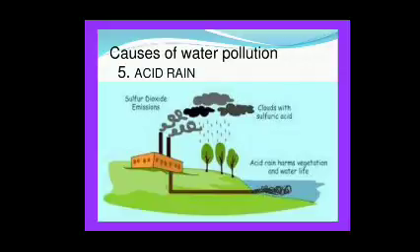These oxides react with water to form sulfuric acid, sulfurous acid, nitrous acid, nitric acid and come down with rainwater and cause acid rain. Oxides of sulfur: SO2 reacts with rainwater to form H2SO3. SO2 plus H2O gives H2SO3. SO3 plus H2O gives H2SO4.